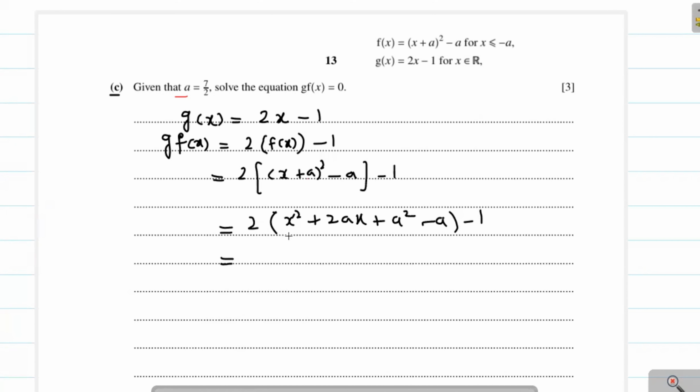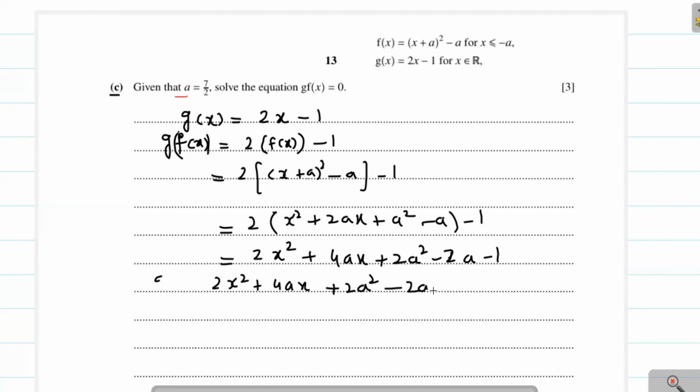Now we expand this expression, we get 2x squared plus 4ax plus 2a squared minus 2a minus 1, and this will be g of f of x equal to 0. Therefore, we can write it as 2x squared plus 4ax plus 2a squared minus 2a minus 1 equal to 0.